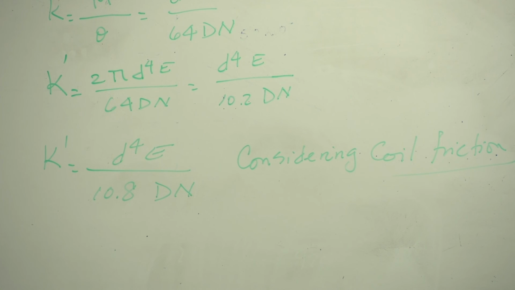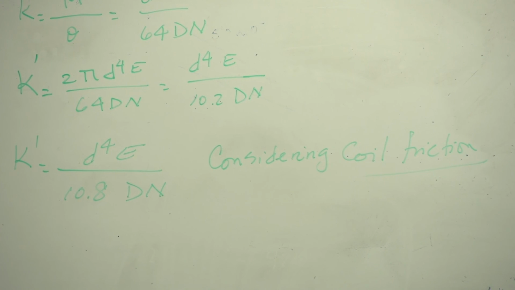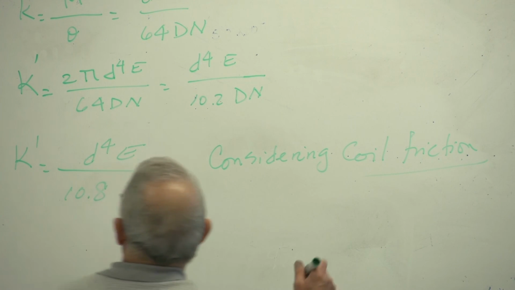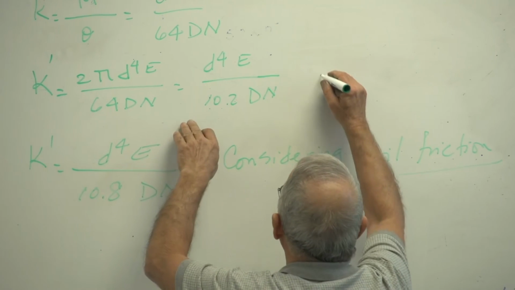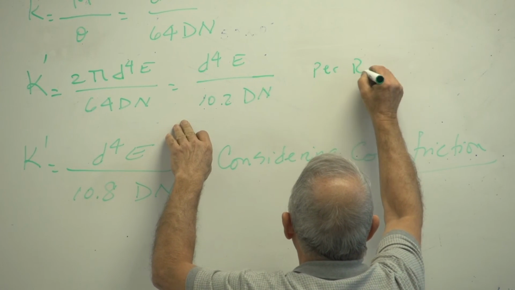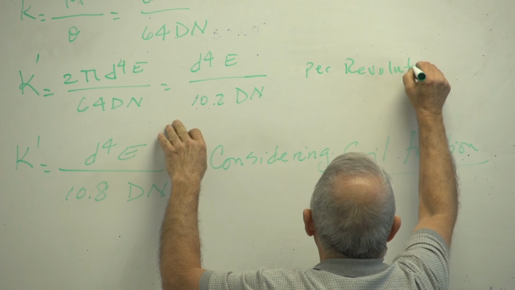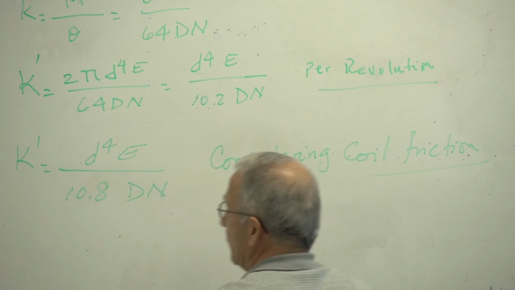Any questions? So that's the spring constant for coil springs. So let's just say this is K prime per revolution, because you multiply it by 2 pi.